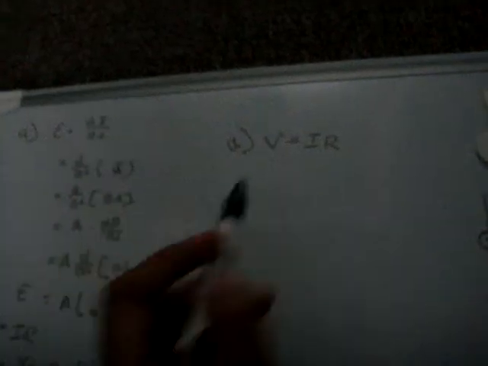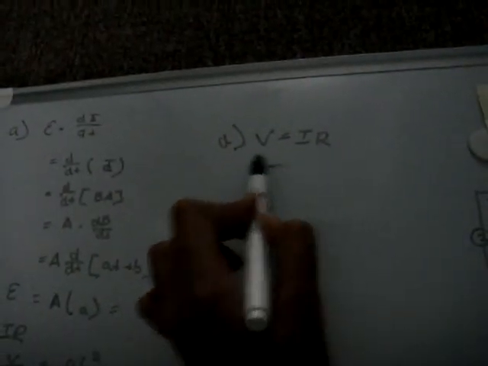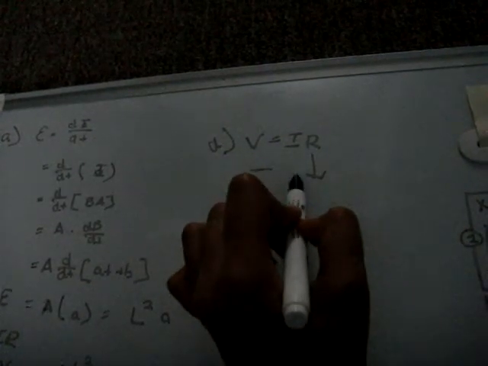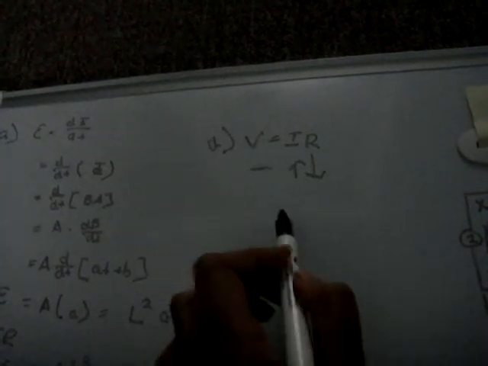So over here, for D, we have V equals IR. Because it's connected in parallel, we know that the voltage stays the same. So if this is constant, and I just said that the resistance is going to decrease, that means the current is going to increase to make the voltage the same.